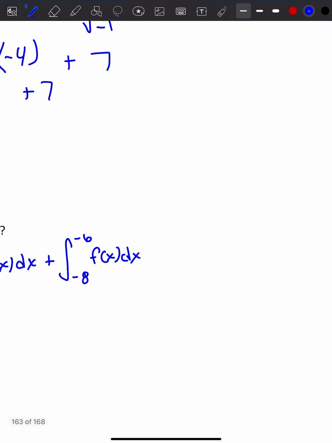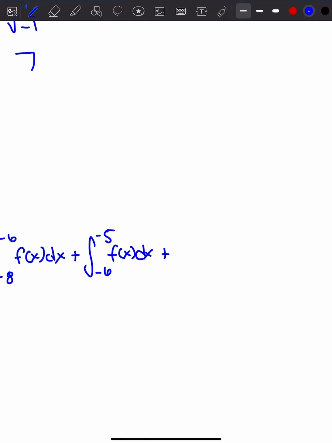We have the integral from negative 6 to negative 5. We have the integral we've already solved for from negative 5 to 6. And then our last one from 6 to 9.